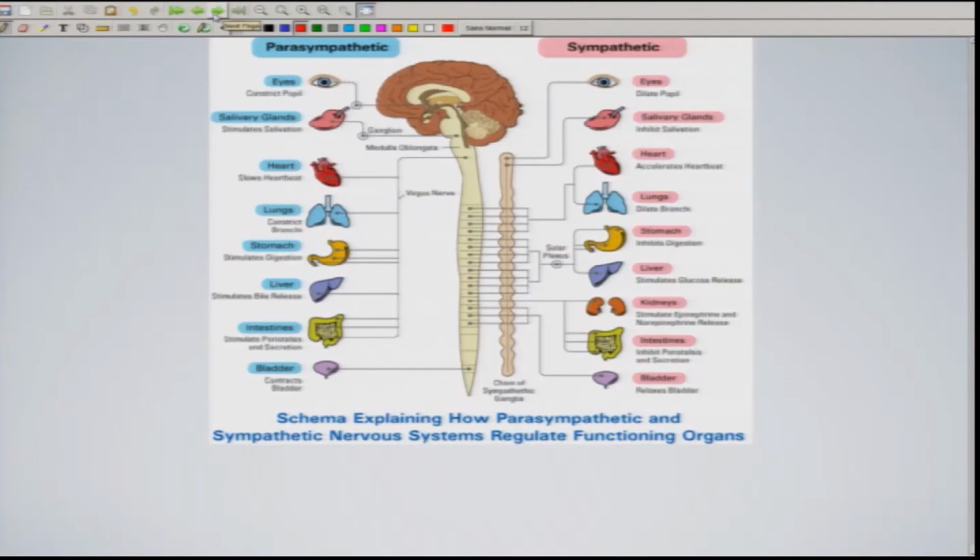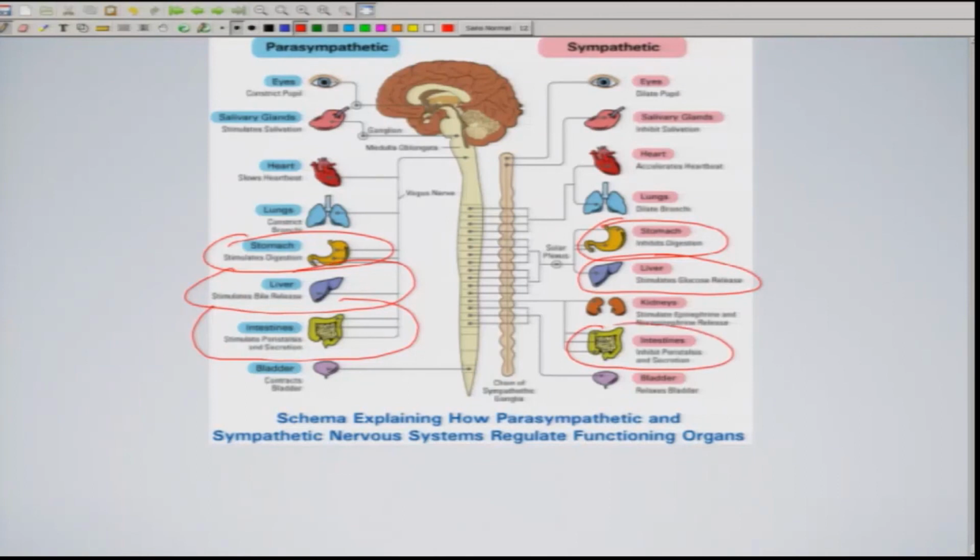The reason to introduce it is, it is the parasympathetic and sympathetic system which is involved in stimulating glucose release. Now, look at here, inhibits digestion, stimulates digestion. There are opposite actions, parasympathetic and sympathetic will have opposite actions. In order to show this, I left that part of the digestive of the nervous system to bring it here. Intestine, which stimulates peristalsis. Similarly, here intestine inhibits peristalsis and secretion.